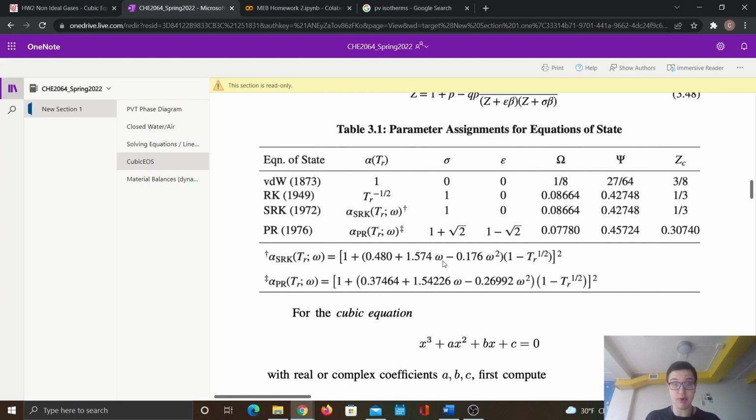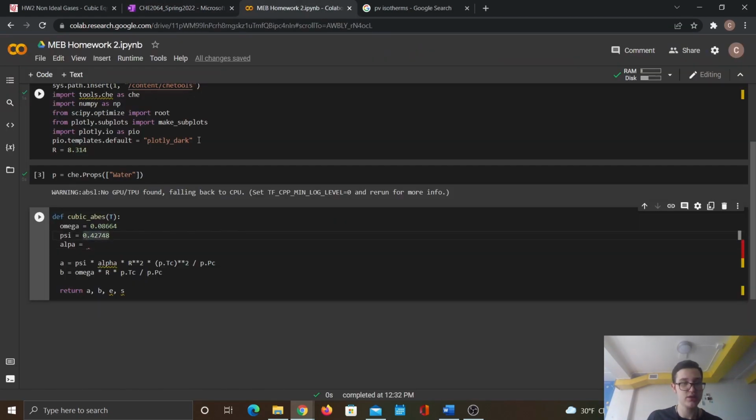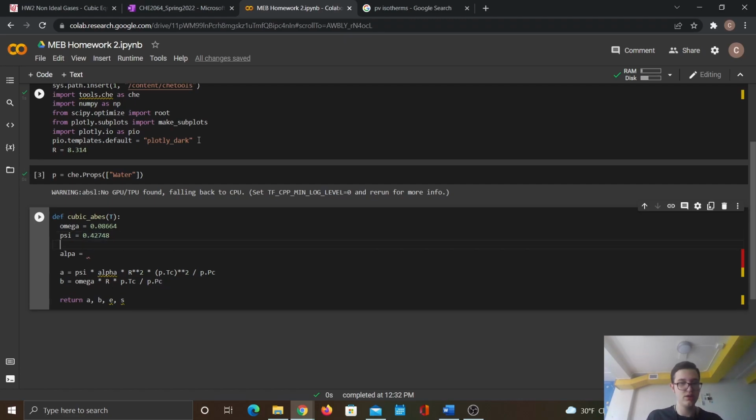These lowercase omega values are, like critical pressure and critical temperature, values specific to the compound. So we're going to be using the water script. We also need TR here, so let's find TR above it. TR is equal to temperature divided by critical temperature, so P dot Tc.